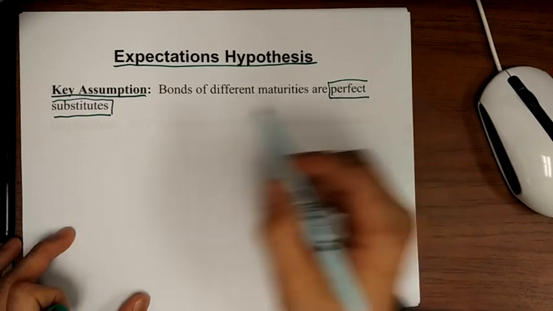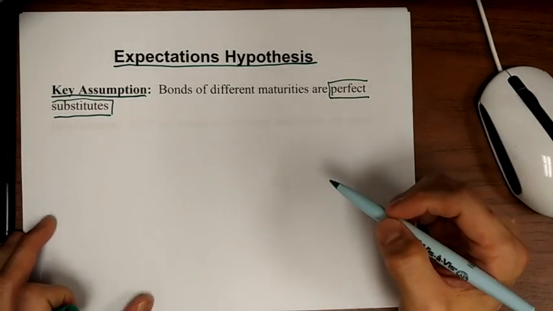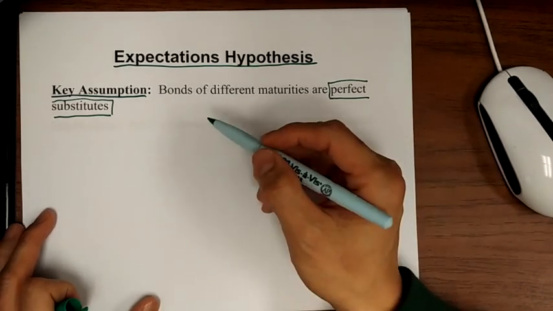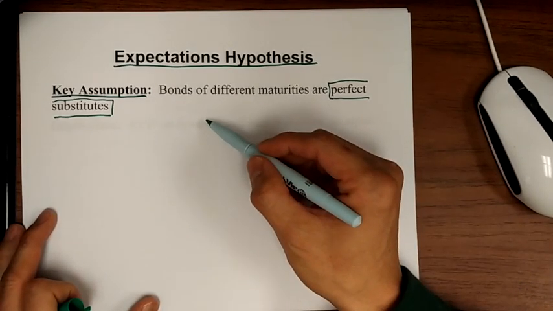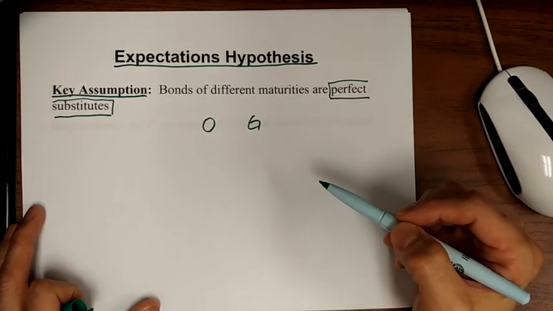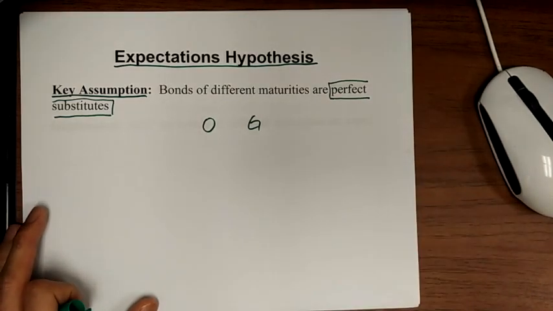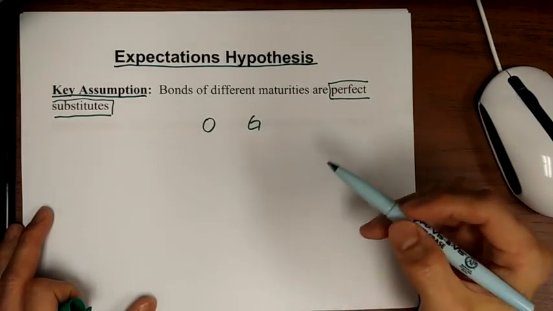Yes, you have learned this in your microeconomics. In microeconomics, you have learned that, say for example, orange and grapefruit are perfect substitutes to you. What does that mean?